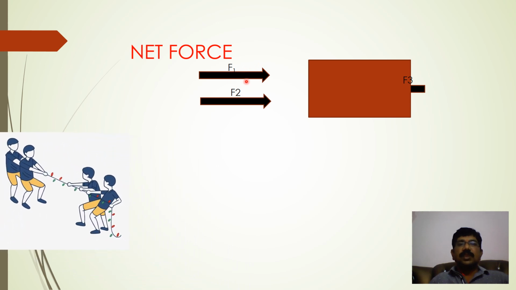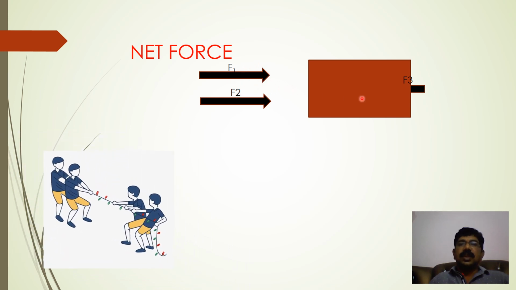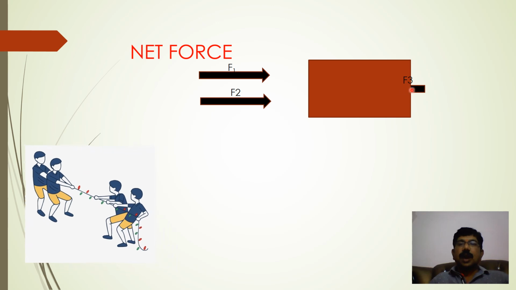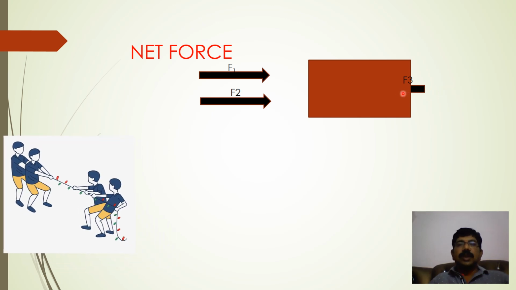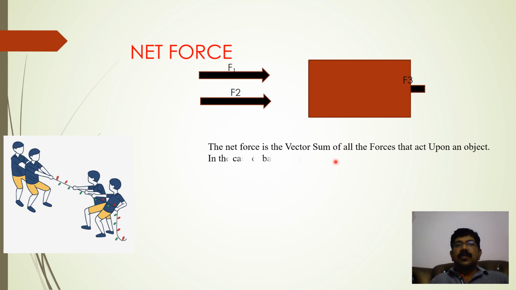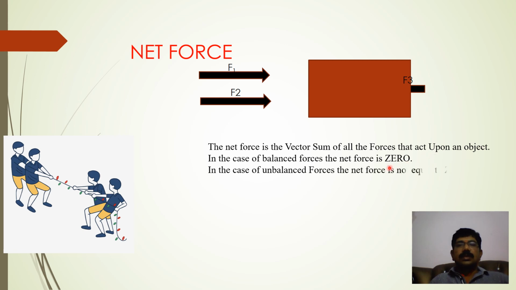F1 and F2 are the two forces acting in this direction, whereas F3 is acting in the opposite direction. So multiple forces are acting on the same body in opposite directions. The net force is the vector sum of all the forces that act upon an object.